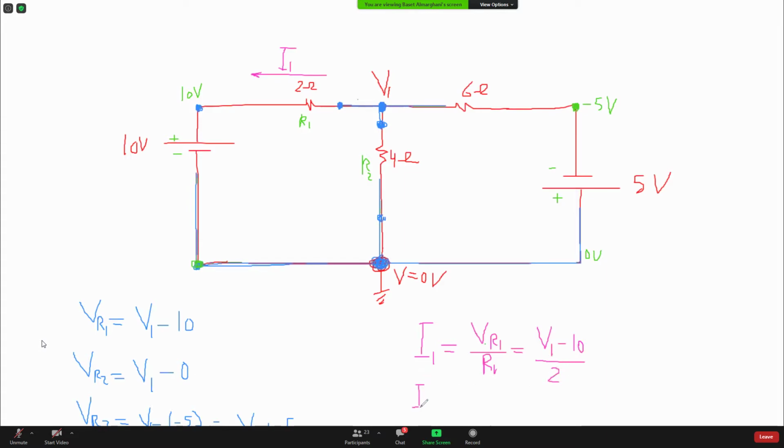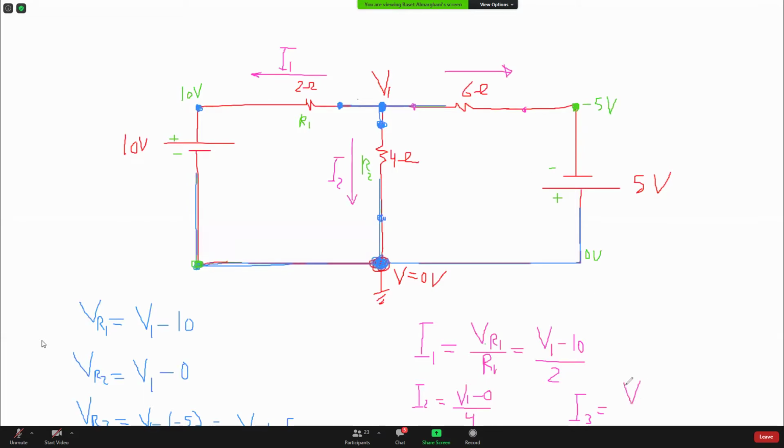Now I2, which is the current here, if I assume it's in this direction, will be V here minus V here, the voltage across the resistor, divided by the resistance. So it's V1 minus 0 divided by 4. I3, if I assume it's going this way, will be the voltage here minus the voltage here divided by the resistance.